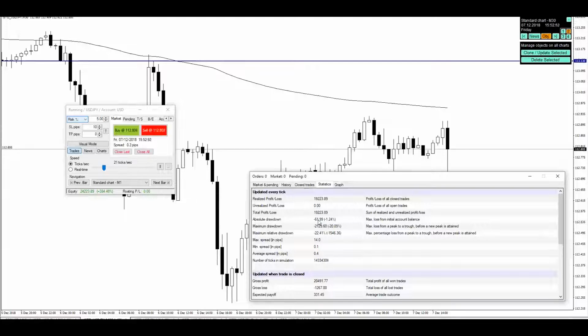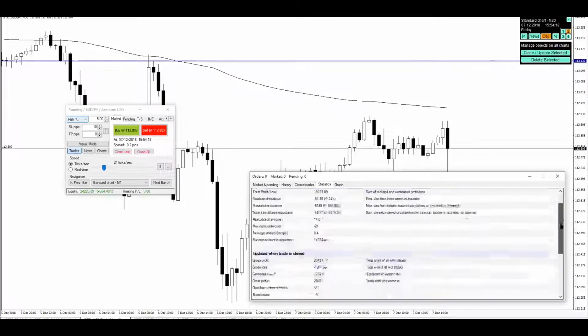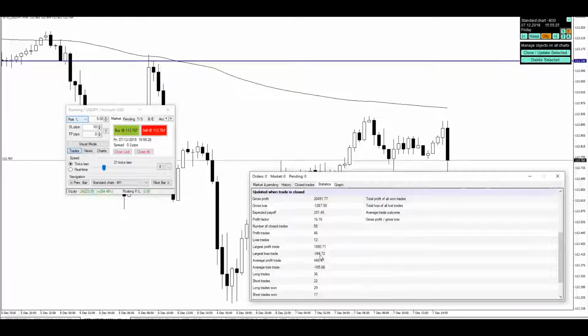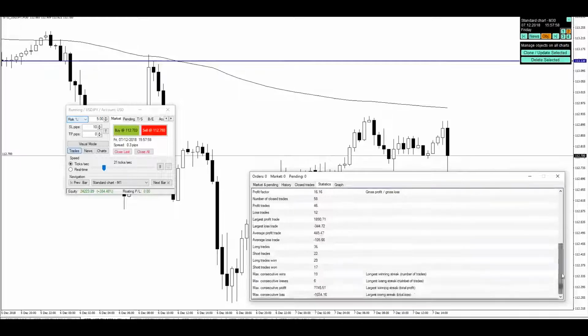Absolute drawdown, 1,2,4. These are all the stats. Average profit trade 445, largest loss, largest win. See, the wins weren't even that big. The largest win was 1,900. Max consecutive loss 1,000. Yeah, it was not that bad at all.